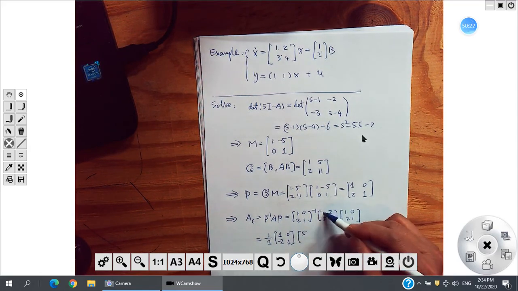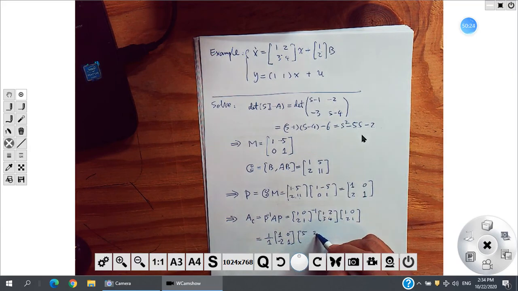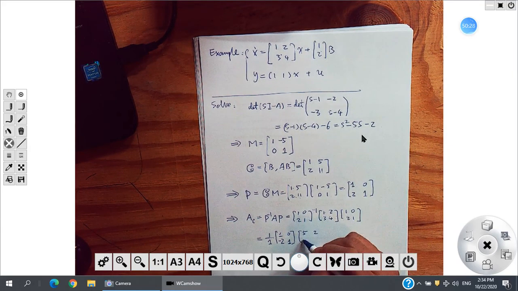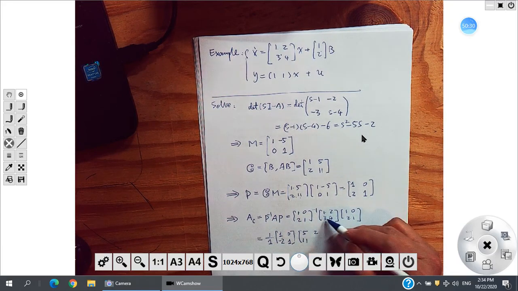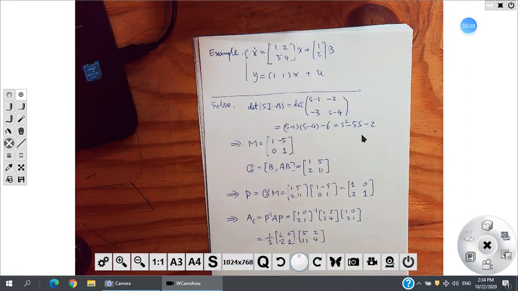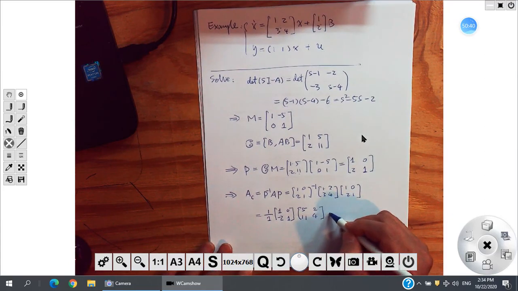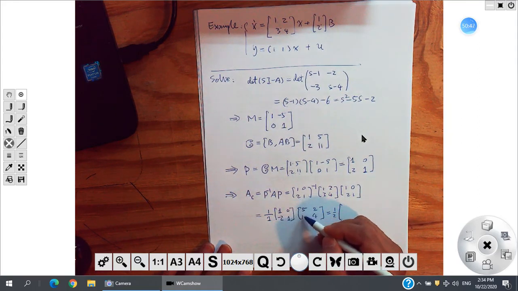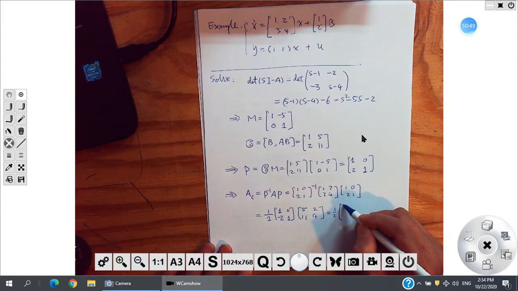And 1, 2 times 0, 1, I have 2. And 3, 4 times 1, 2, I have 3 plus 8, that's 11. And 3, 4 times 0, 1, I have 4. Then I multiply these two matrices together: 1, 0 and negative 2, 1 times 5, 2, 11, 4. So it is 5.